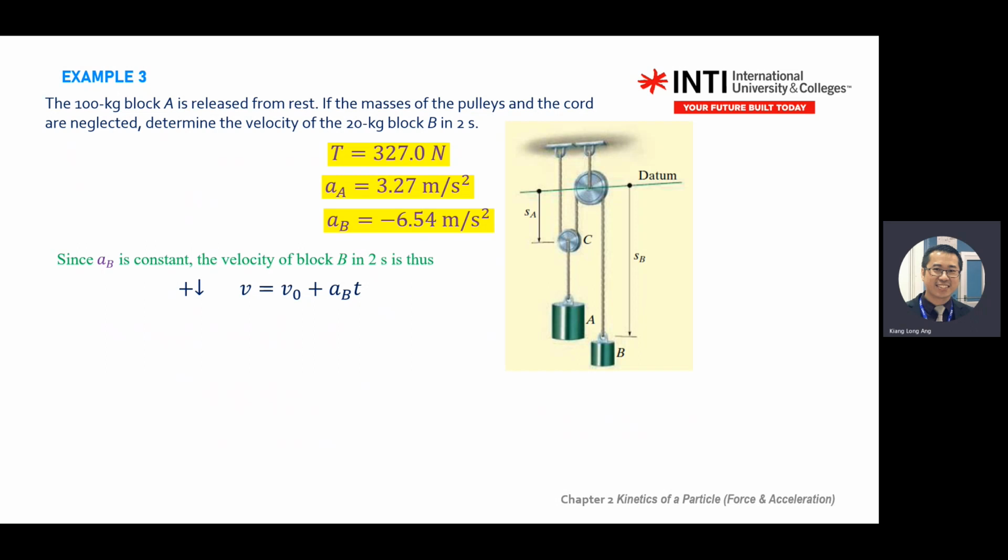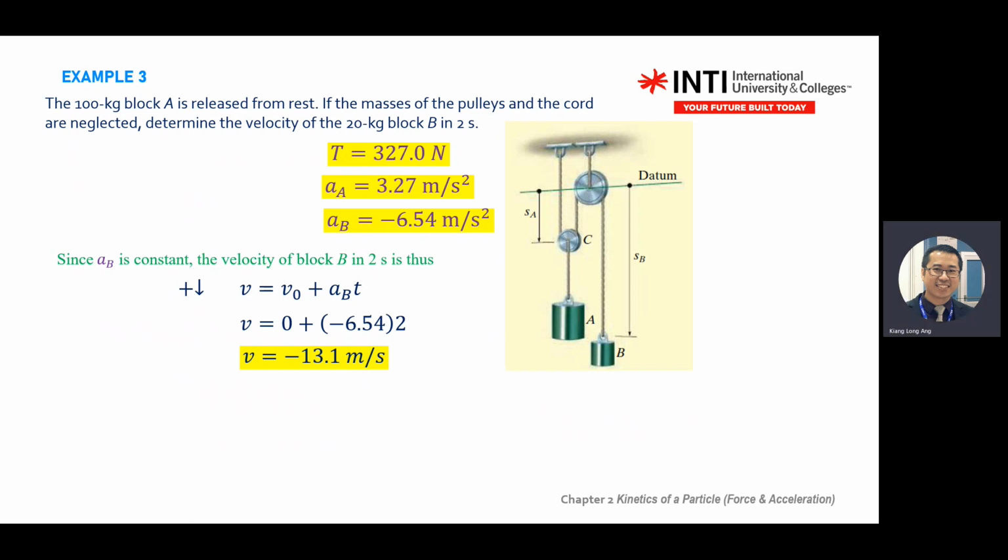Here I use the first one because the time and initial velocity are given. Initial velocity is from rest, 0. A and B you already found just now. With time 2 seconds, you can find the velocity of B after 2 seconds.